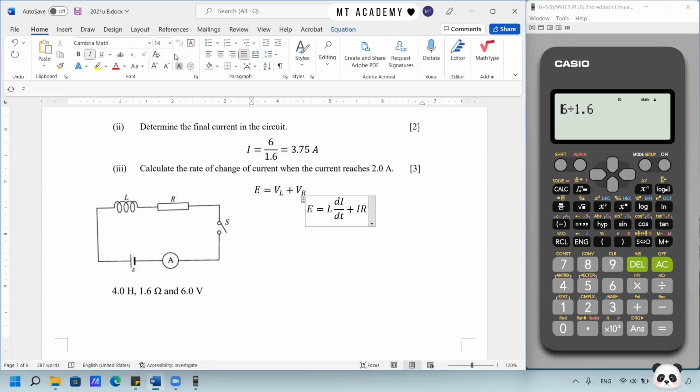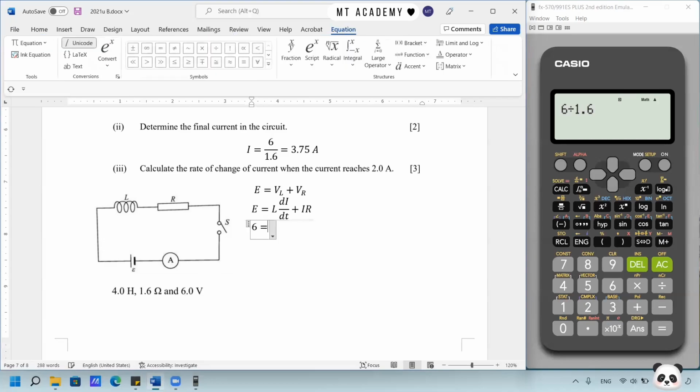From this expression, we can see that we almost have everything. We have the EMF equal to 6 volt, and we have the inductance as 4 henry, multiplied by di/dt. So 6 equals 4 di/dt, and then we have the current, given as 2 ampere, times the resistance 1.6 ohm. So everything is there.